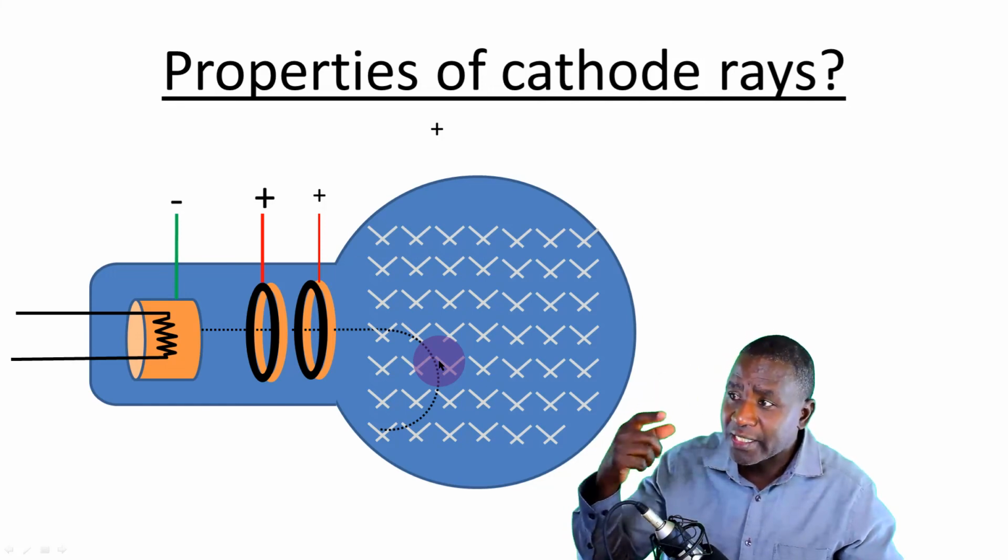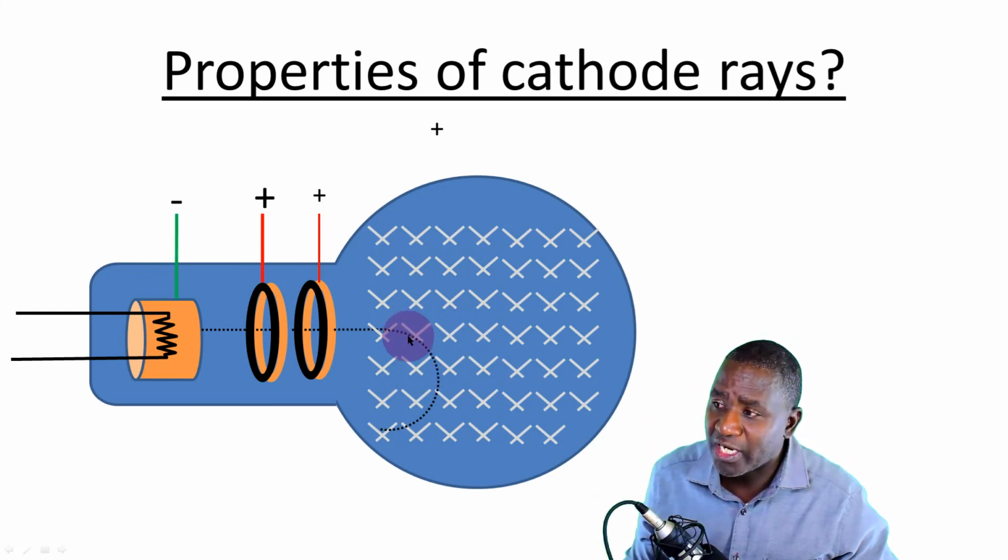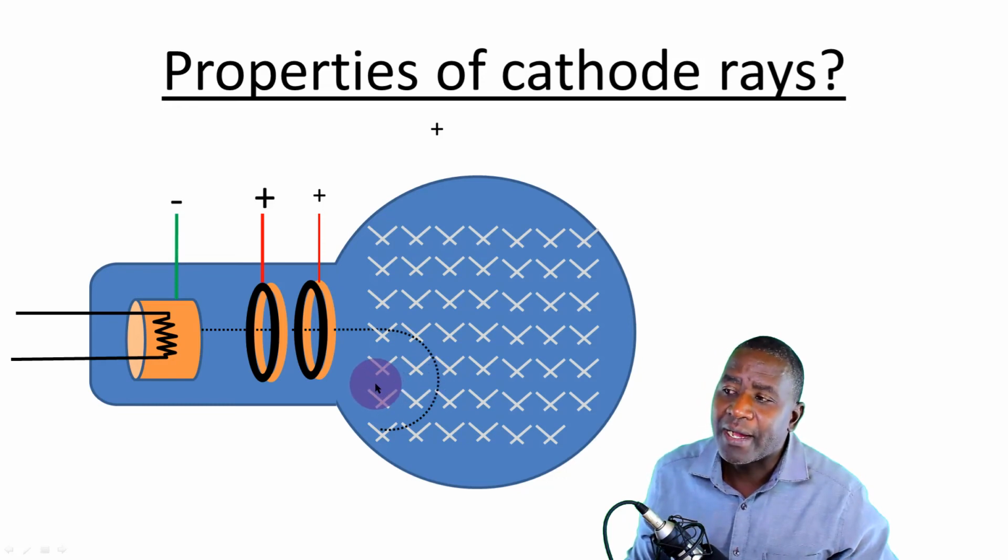If we increase the current, then we are going to increase the strength of the magnetic field. We are going to find that the force acting on the charge is going to increase. If it increases, this charge will curve more. So you're going to have a circle of smaller and smaller radius as we increase the magnetic field. That is one of the changes that we can make there.